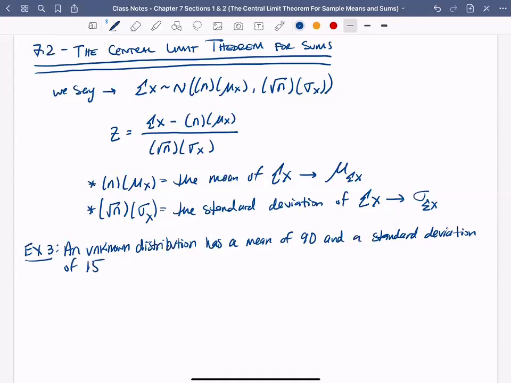A sample size 80 is drawn randomly from the population.